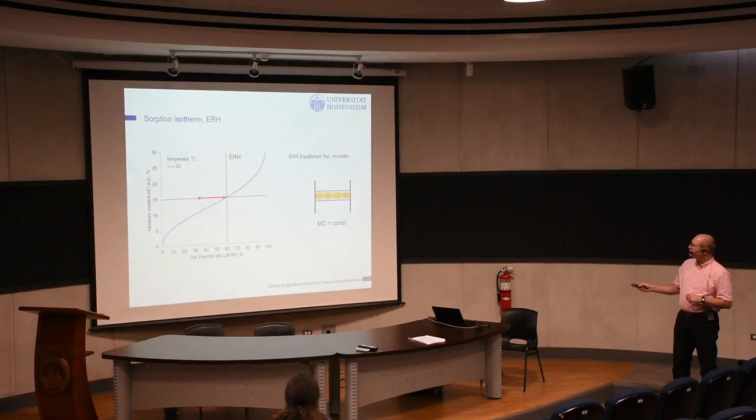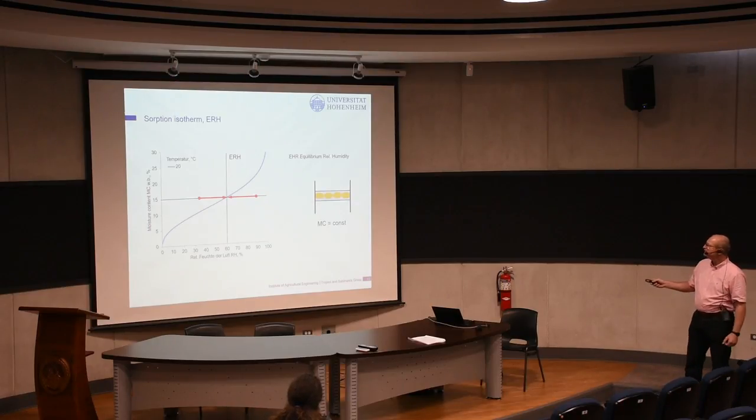If the relative humidity of the air has been low at the beginning, here 30%, then it will rise. That means some water will come out from the material, and the relative humidity is rising to this point. Here we are reaching the curve, here we are in equilibrium. What would happen when the surrounding air was humid, like here in Costa Rica? Then inside the system here, the relative humidity will decrease until reaching this point.